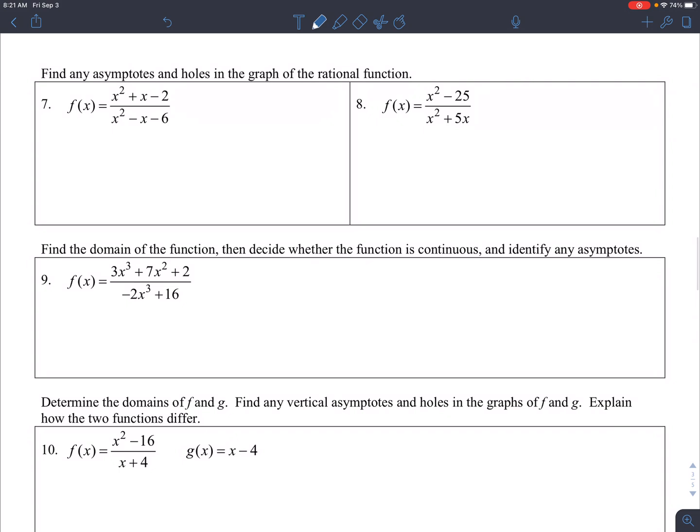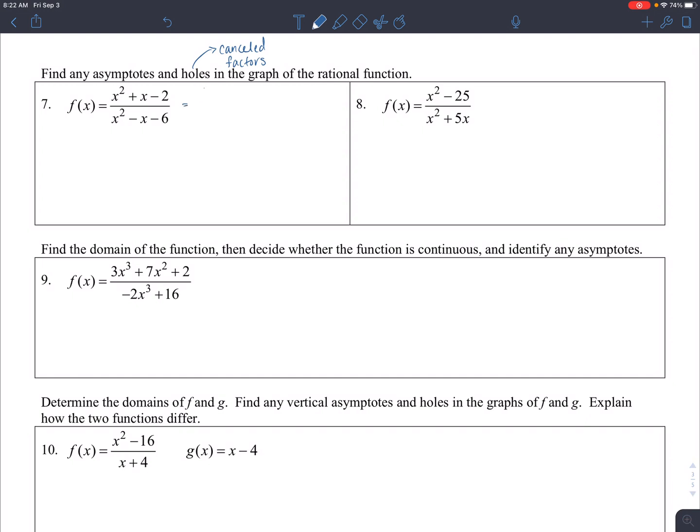All right, so now we are going to find the asymptotes and holes in the graph for rational functions. What's a hole? A hole occurs when you have canceled factors. So the rule is you must always simplify the function first before you find vertical and horizontal asymptotes or any zeros of the function.